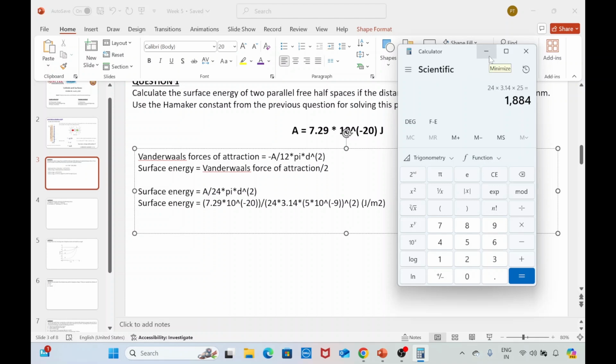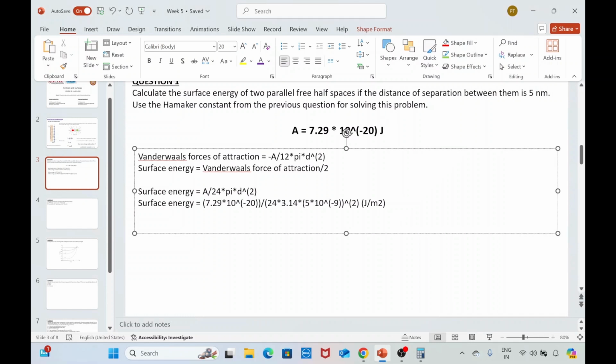That gives 1884 times 10 power minus 18, right? So let me write that.